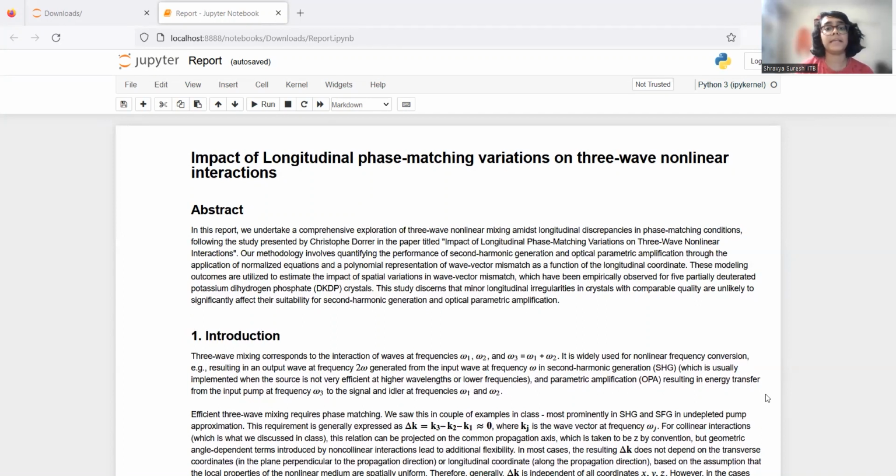After this, we estimate the impact of these spatial variations in the wave vector mismatch, and we do this for each of the 5 crystals which we've been graciously provided in the dataset by the author himself. So as a result of this paper, we conclude that minor longitudinal irregularities in the crystal of comparable quantity will not really affect the suitability of the crystal for second harmonic generation and optical parametric amplification.